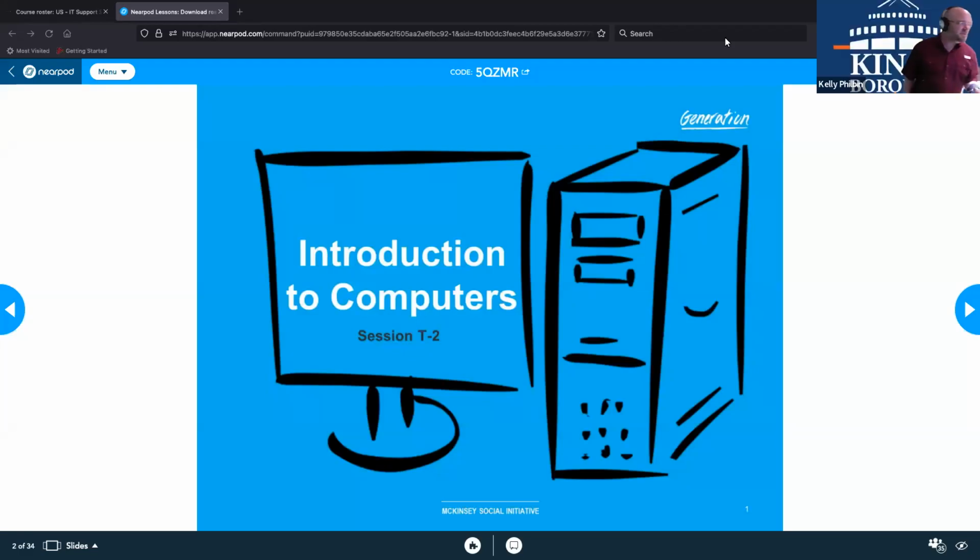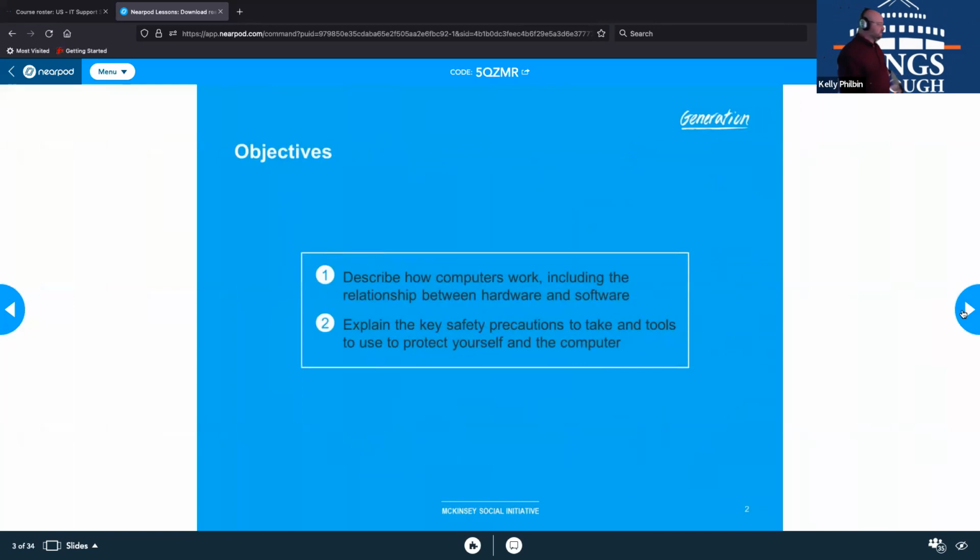Welcome to technical session number 2, Introduction to Computers. Today we're just familiarizing ourselves with different types of computers, different components, inputs, outputs, things like that, to lay a little bit of a foundation for what we're going to be getting into in much more detail.